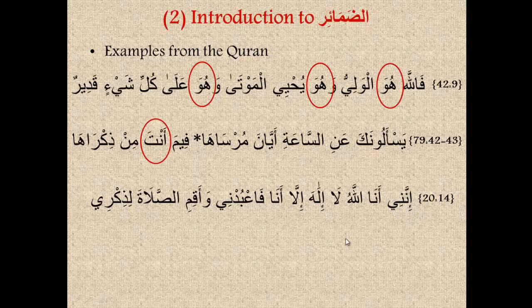In this verse, we have two instances of the pronoun ana, which means I. Allah says, indeed, I am Allah, there is no God but I. So worship me, and establish prayer for my remembrance. In this verse, Allah subhanahu wa ta'ala is talking to the Prophet Musa alayhi salam. So these are examples of al-dama'ir al-munfasila taken from the Quran.